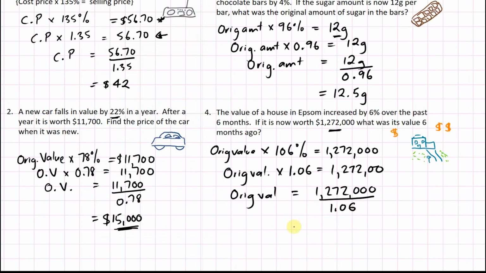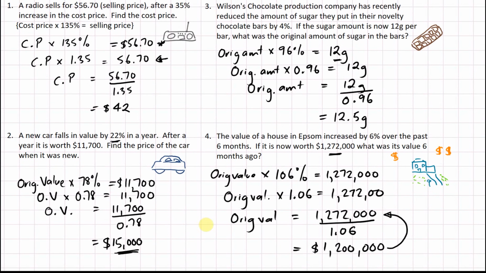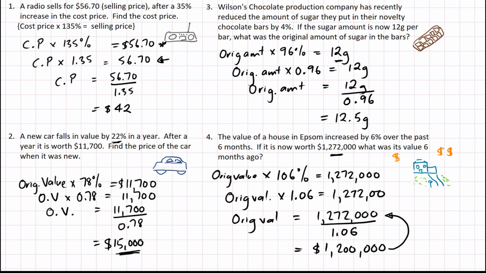So that's 1,200,000. Okay, so that was the original value of the house. It increased in value, so it went from 1.2 million to just over 1.2 million. So as you can see with these types of problems, when we're finding the original amount, we end up dividing.